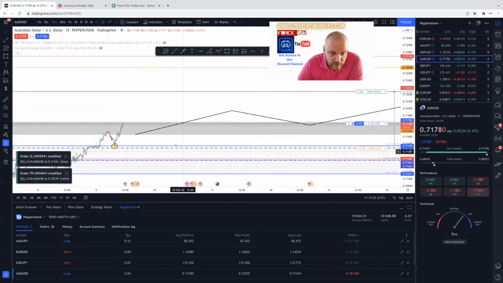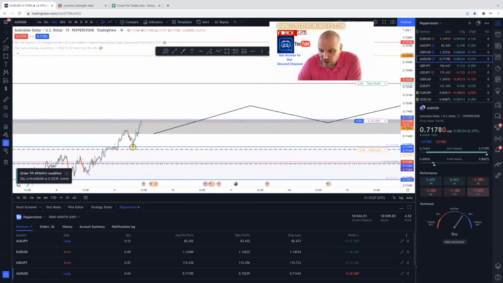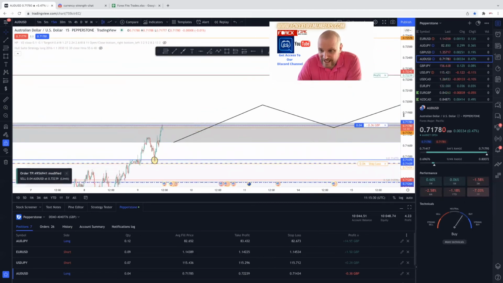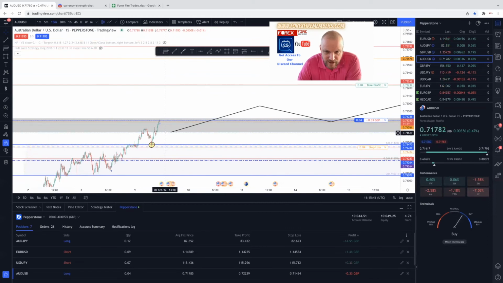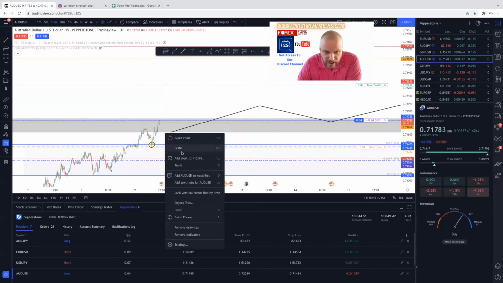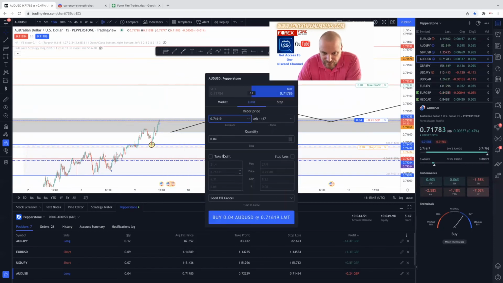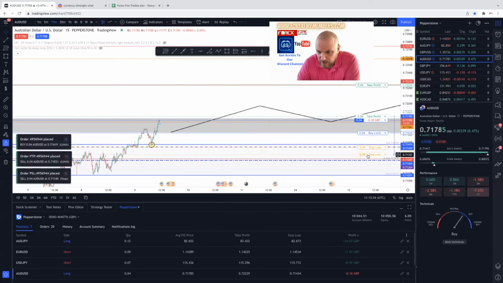Right, so from there, we're going to be looking at what we call spreading our lot. So instead of going for a 0.3, okay, we've got a range now between here and here. We're going to go to the area of where we had a little bit more of a pullback. So if we go that as a buy position, take profit, stop loss, again a 0.10, hit the buy, let that set up, put our stop loss to just below here.